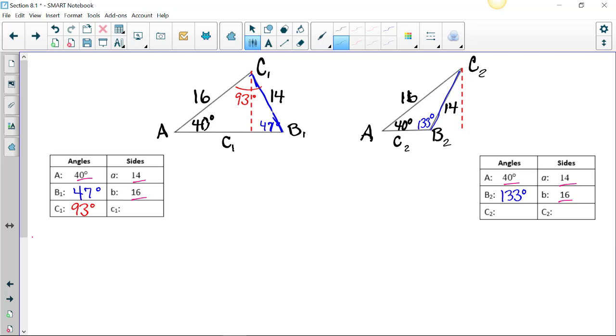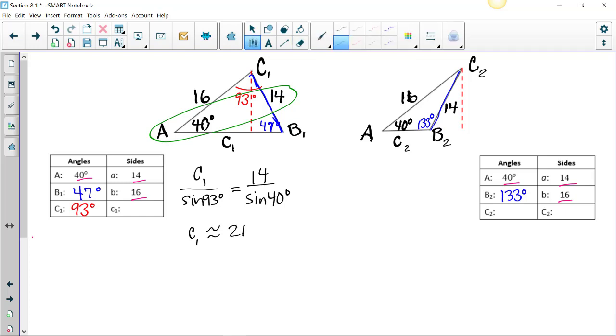You'd set up a proportion to find that side C, like you've always done, and then choose another pair of sides. I like to choose the given always, so it's not using rounded values. So you'd find side C1, cross multiply and divide, which gives me approximately 21.8. So this side here will be 21.8.